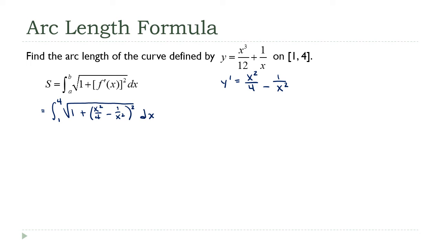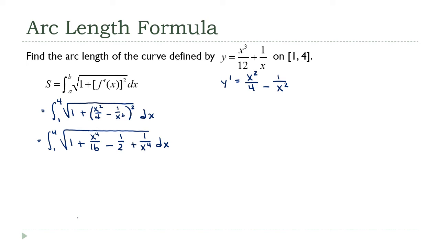Okay, so let's see what we can make of this. Right? Let's multiply this out. This is the integral from 1 to 4 of the square root of 1 plus, it's going to be x to the 4th over 16 minus, when I multiply these two together, I get 1/4. So it's twice that. It'll be 1/2 plus 1 over x to the 4th dx.